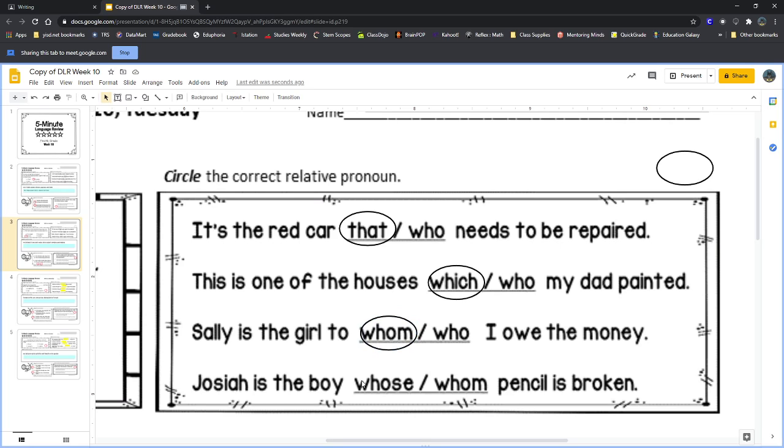Josiah is the boy, blank pencil is broken. Chase, what do you think? Whose, because the pencil belongs to him.